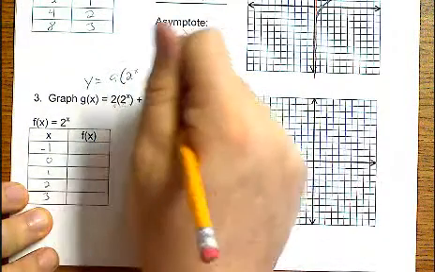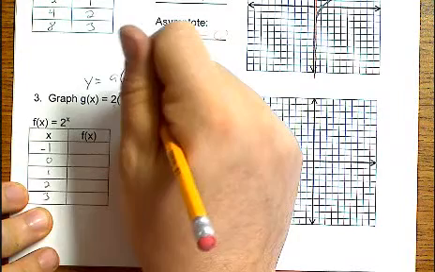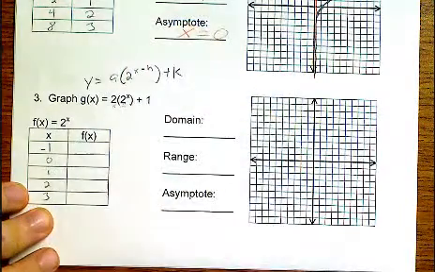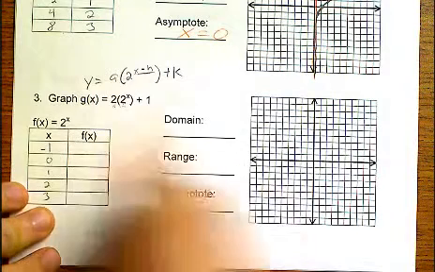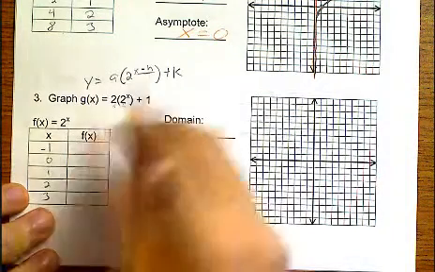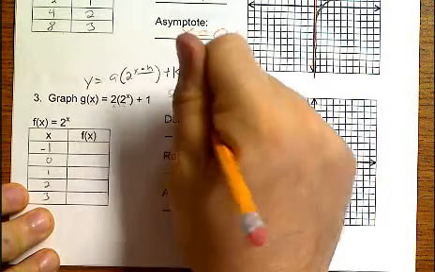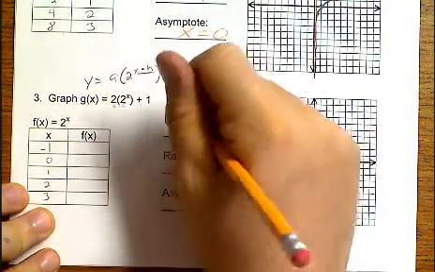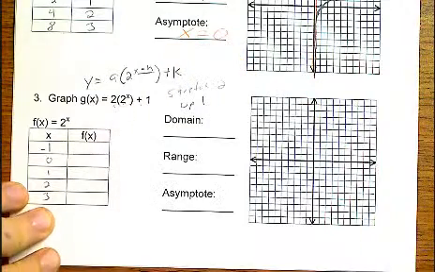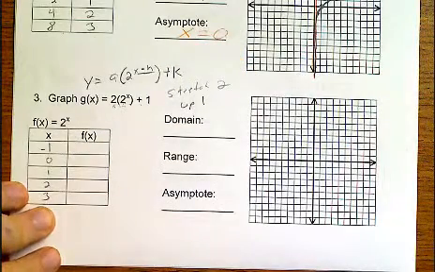And our x minus h, that's all going to be in the exponent. K is going to be the outside. So 2 is going to stretch by 2. And the 1 is going to move up by 1. Let's go ahead and figure out what we have.